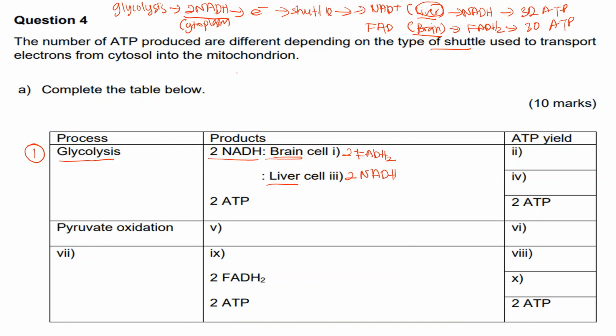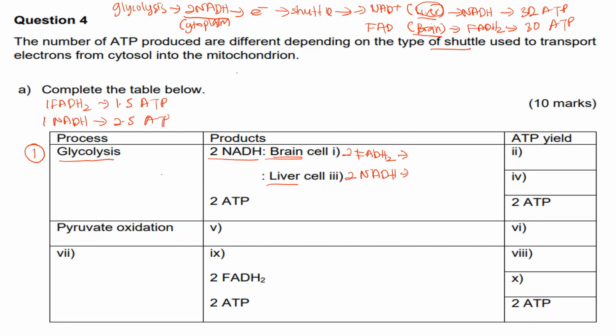Remember, one molecule of FADH2 produces 1.5 molecules of ATP, and one molecule of NADH produces 2.5 ATP molecules.